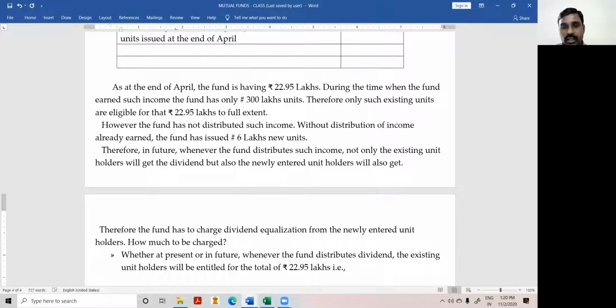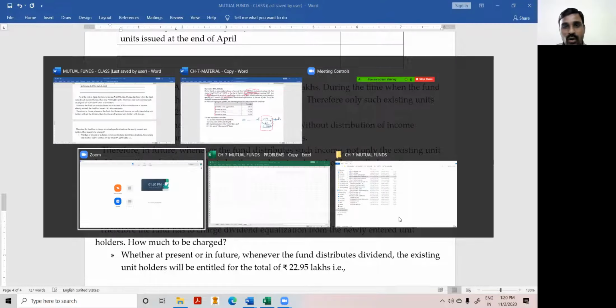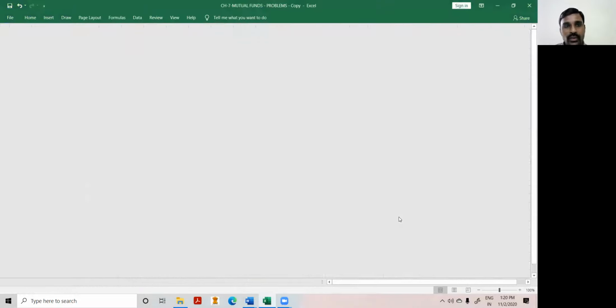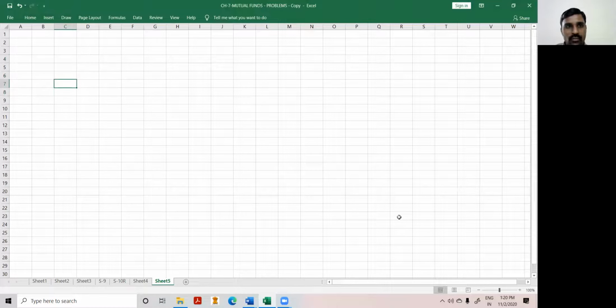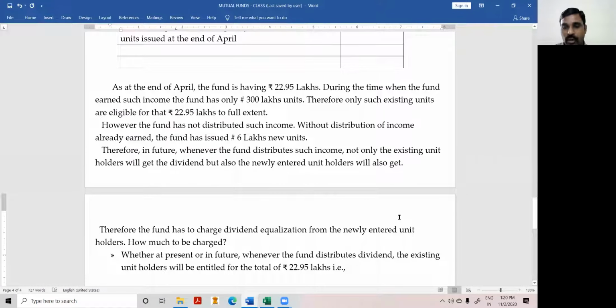That is, how much per each unit? Total we have 22.95 lakhs, and the number of units are 300 lakhs. This is the income and this is the units. Therefore, per unit will be 0.0765. This is the point.